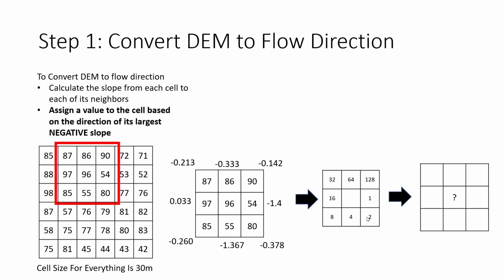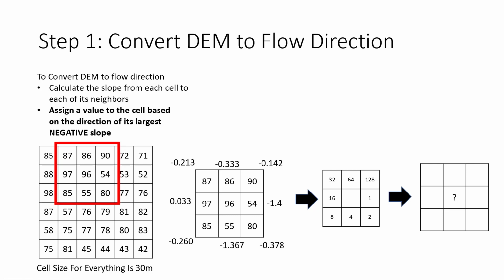So let's look at another example of figuring out which one of the flow direction coded values to use. In this case, we're looking at the pixel 96. So we've shifted over one, and we're looking at a new set of cells surrounding this 96. I've already calculated the slopes here. And so the question then becomes, which direction do we go?